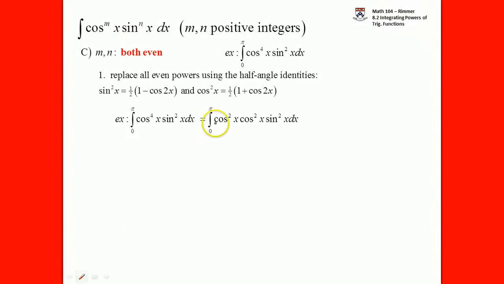All right, you ready? Cosine squared is half of 1 plus the cosine on twice x. Cosine squared, half of 1 plus the cosine on twice x.